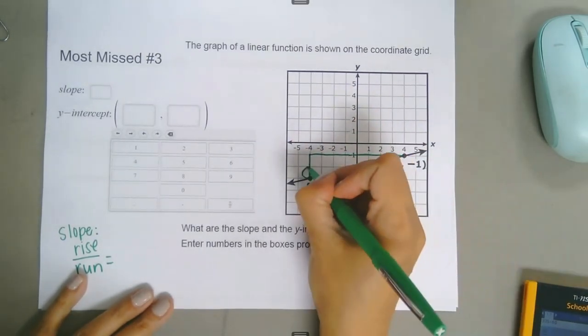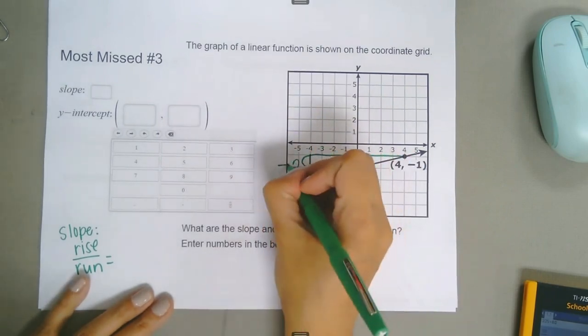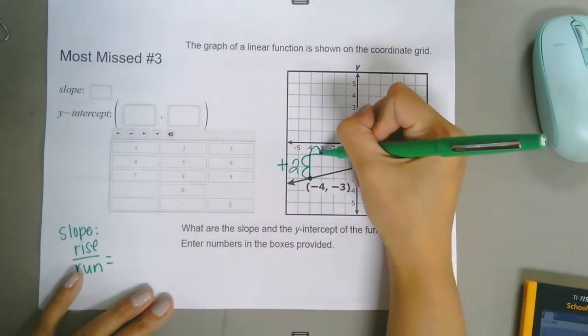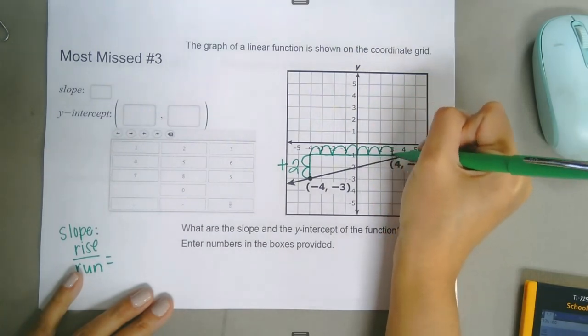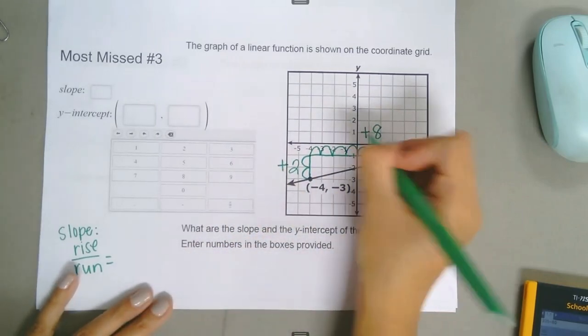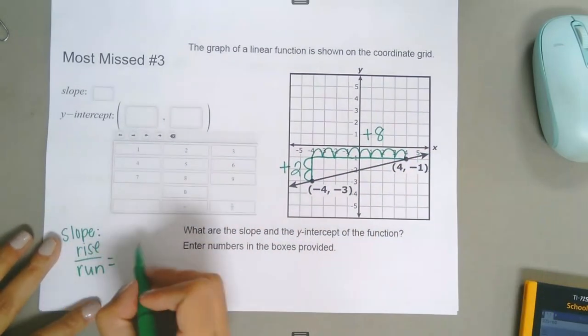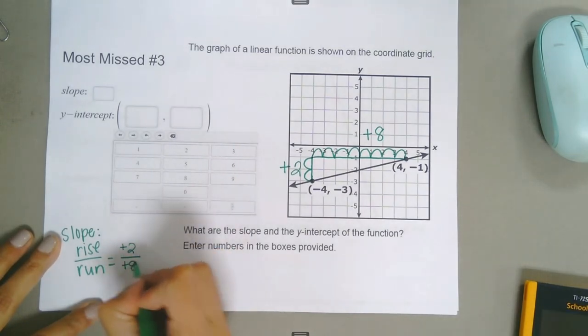All right, so 1, 2, and we went up, so that's a positive 2. 1, 2, 3, 4, 5, 6, 7, 8, and we went to the right, so that's a positive 8. So my rise is plus 2. My run is plus 8.